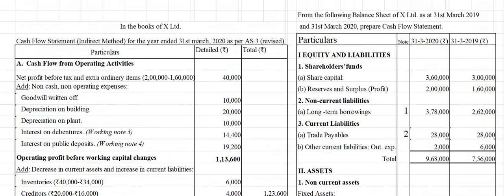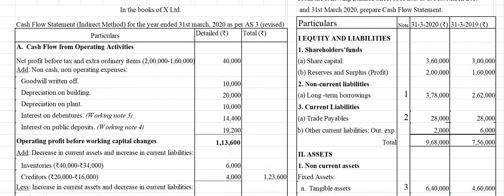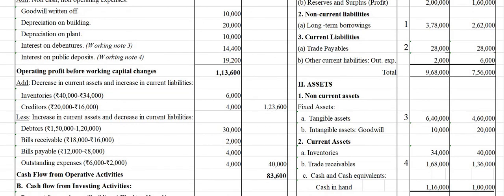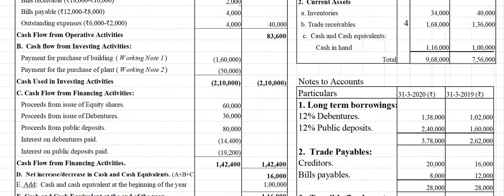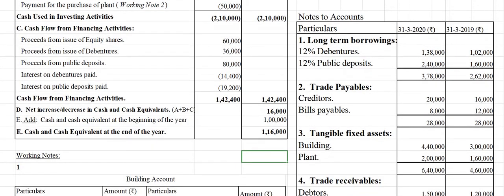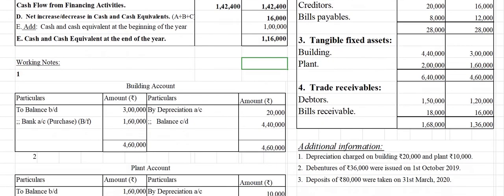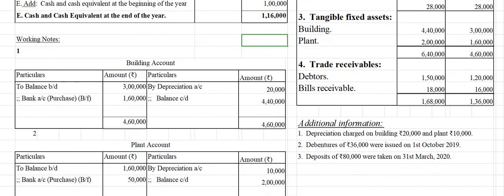Then you will understand how to prepare it, and you can also try to solve similar questions, because here you can expect a 6-mark question. A compulsory 6-mark question will be there for this examination, plus one question you have to prepare like this for the project also. So it is a must. You can prepare this one, and similar questions you can see from your reference book and solve.